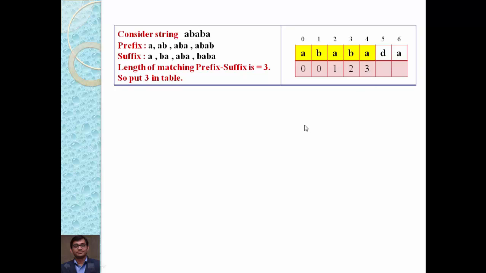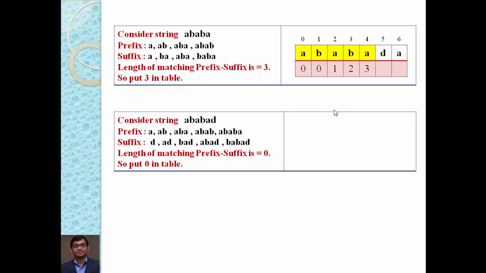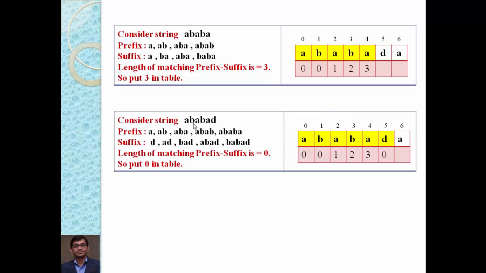Now our next character is a D, so we have a set of characters like ABABA, then D. So find out all the prefix and suffix. So the prefix is, before D we have a set of characters like ABABA. So we can have a prefix like a single character A, then a pair of characters AB, then ABA, then ABAB, and lastly ABABA.